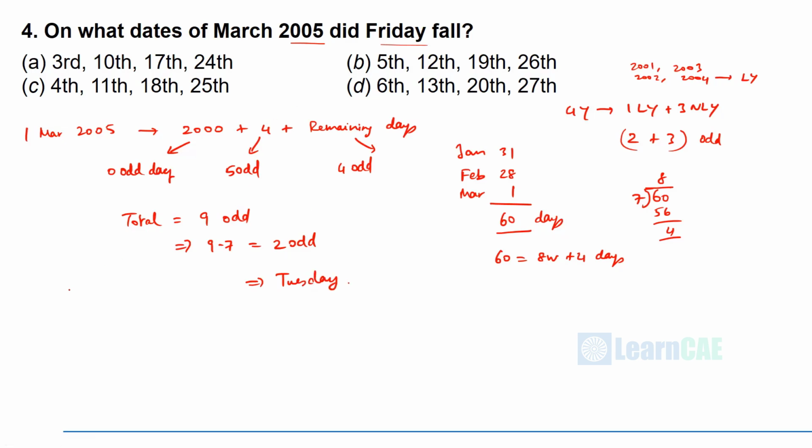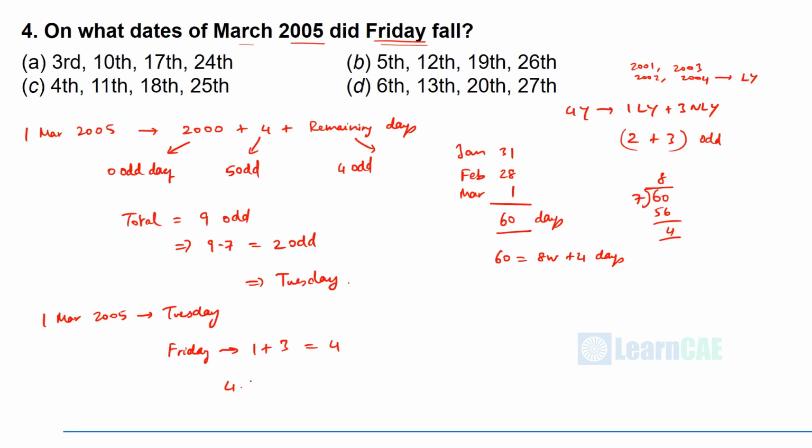Therefore 1st March 2005 corresponds to Tuesday. So they are asking on what dates of March 2005 did Friday fall. So Friday should correspond to 1 plus 3, which is equal to 4.